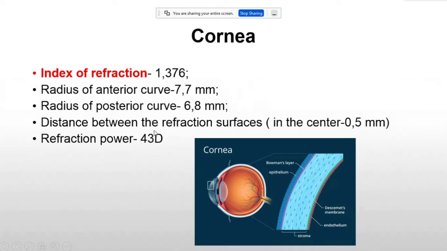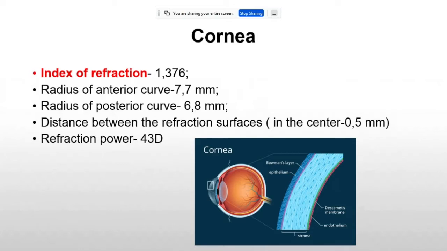So the average refraction power of the cornea is 43 diopters. It has a high index of refraction because the cornea is situated in between two absolutely different qualities of media, the air and the anterior chamber liquid.